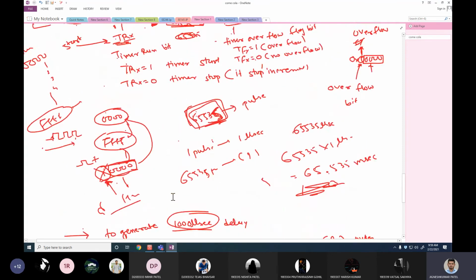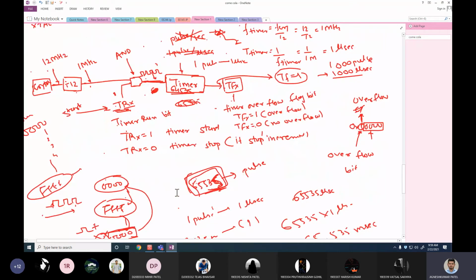Now there is a whole lot of things that you have to set up to do it this way. We are going to see it with a full example. This is the simplest way of drawing the timer; the actual drawing is very complex.